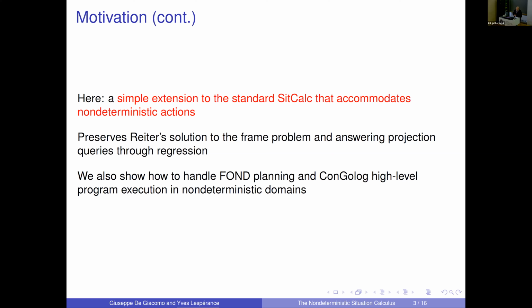So essentially, we develop a simple extension of the standard situation calculus that accommodates these actions. And our approach has some nice properties. It preserves the solution to the frame problem due to Reiter, and also one can still do regression and answer projection queries through regression.